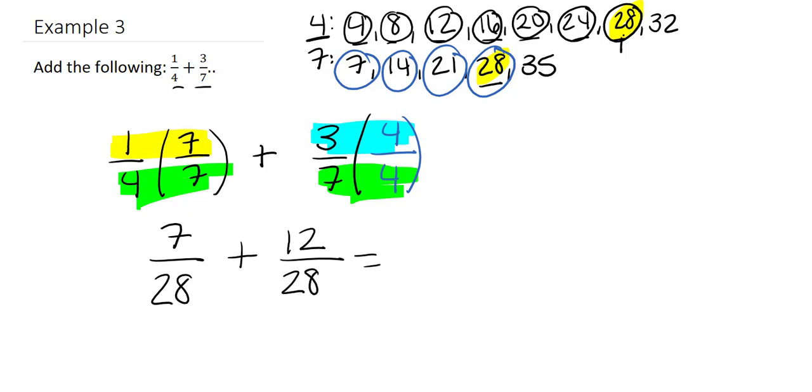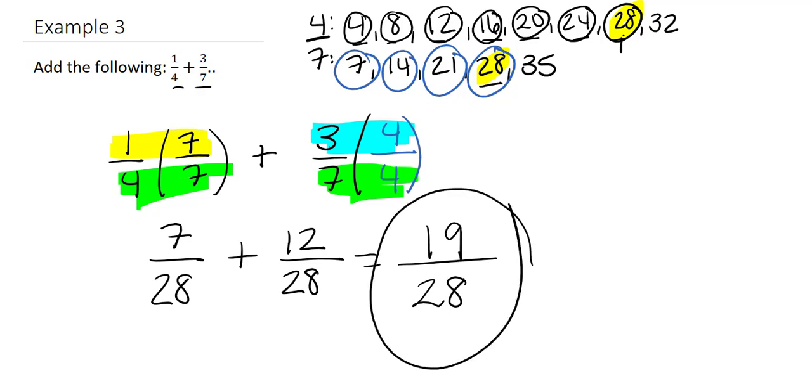Then we can go ahead and add. We keep our denominator, so that stays 28, and 7 plus 12 is 19. We have 19/28 as our final answer because that is in its reduced form, or lowest terms, for that fraction.